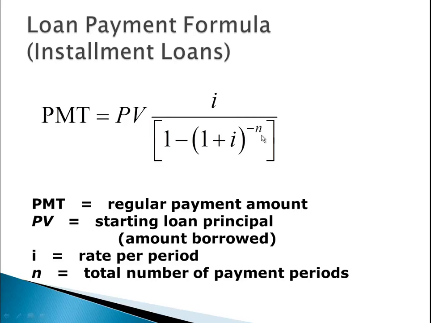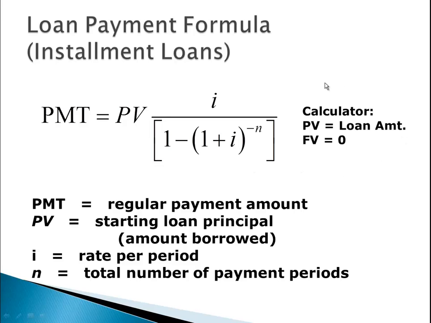A negative power gives fractions, so with that negative power the balance is going to decrease. That's the key thing I remember about the two formulas: if one makes payments to build up the balance, loans make payments to reduce the balance. It's all about that power there.